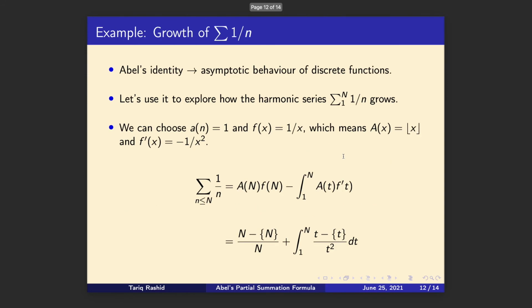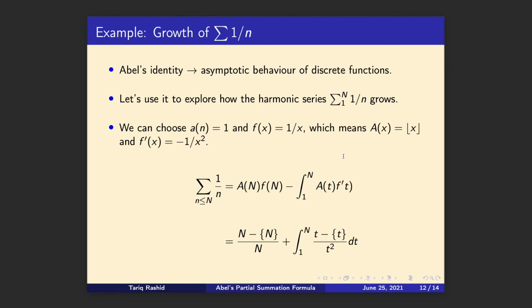So let's look at a real example. Let's stop waffling. So the challenge that we're going to look at is almost a familiar series, the harmonic series, and we know by using other methods that were, I guess, more hard work and took a lot of effort, that this thing grows like log n.